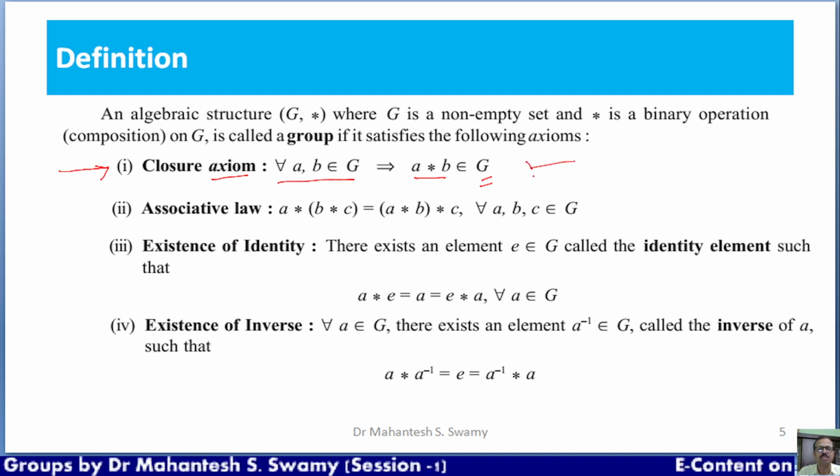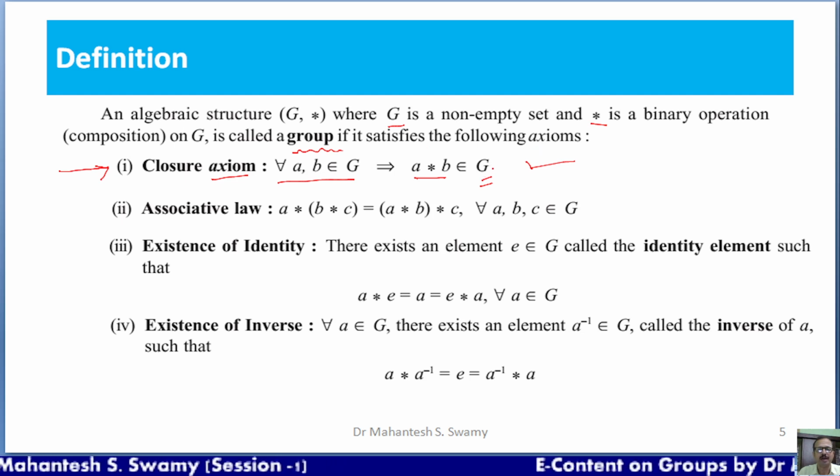So the first condition is that the set G together with a binary operation star is said to be a group if it satisfies the following axioms. The first one is the closure axiom, which I have explained. The second one is that associativity must be satisfied.